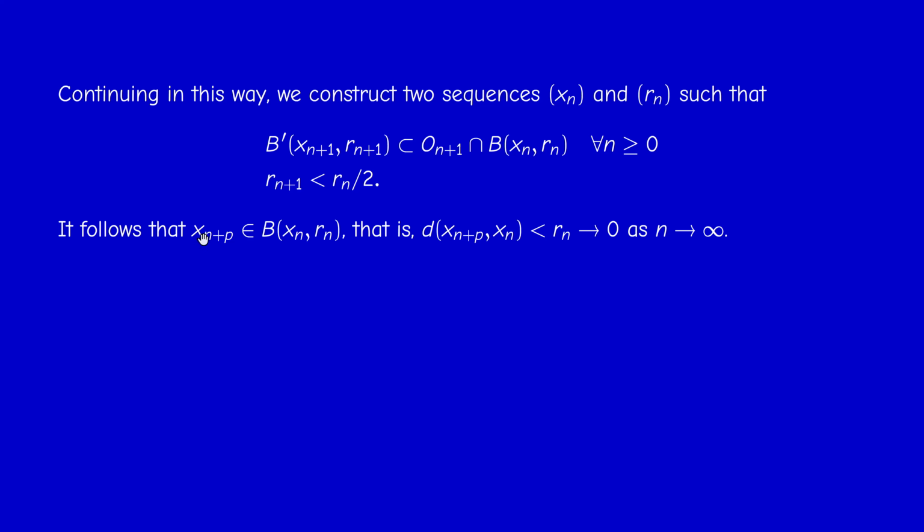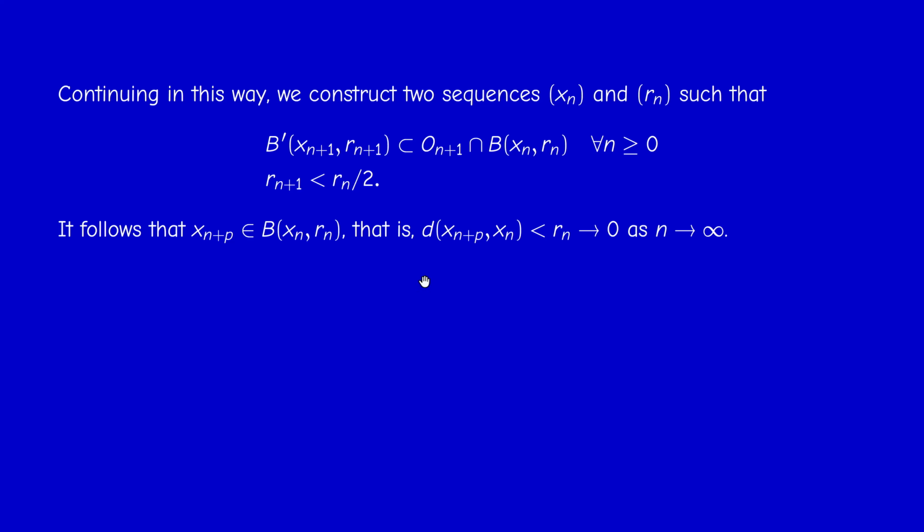So actually, X(n+1), X(n+2), and so on, are all in the same ball of center Xn and radius Rn. So this means that the distance between X(n+p), for any p, and Xn is less than the radius. Okay, so this is true for any p. So when n tends to infinity, Rn tends to 0, so the distance tends to 0.